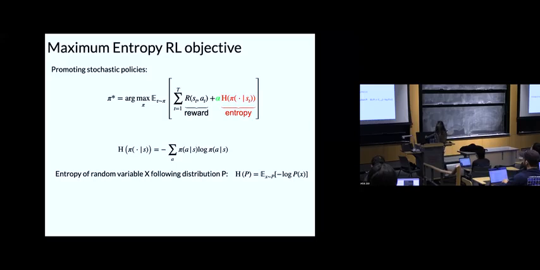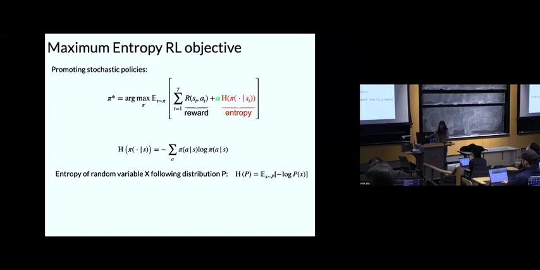There is a scalar value alpha, which weights the entropy against the sum of rewards, the two objectives. The first methods that came out were very sensitive to that alpha, but later papers tell you how to tune that alpha automatically through training.